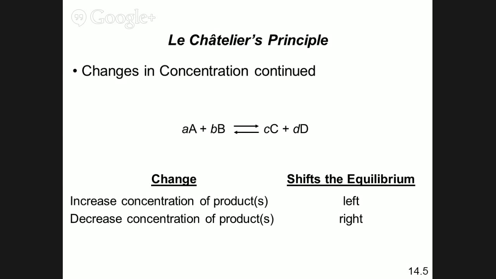So please note, when we say shift left, that means make more of the stuff on the left, have less of the stuff on the right. When we say shift right, it means you're going to make more of the stuff on the right, you're going to have less of the stuff on the left. Those are the kind of questions you're going to get asked. You don't have to worry that much about an actual concentration amount. You're going to be asked, hey, is this shift left? Is this shift right?